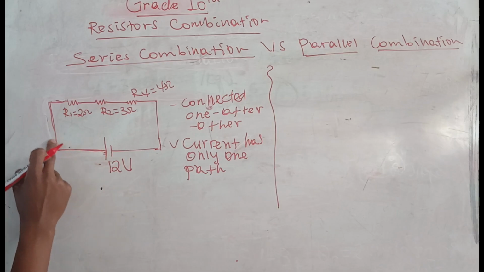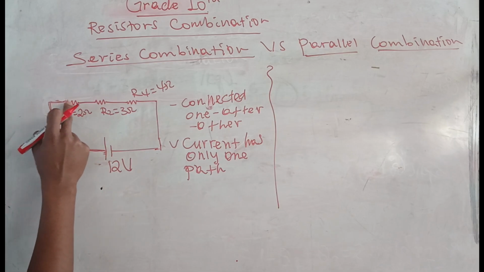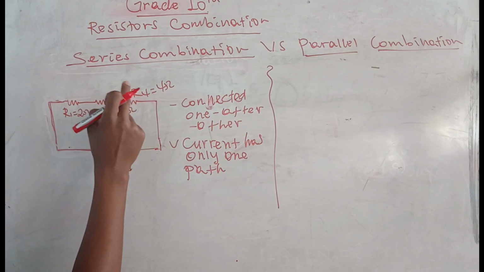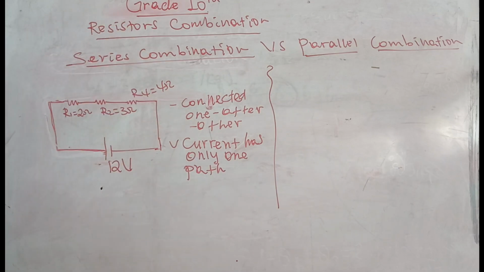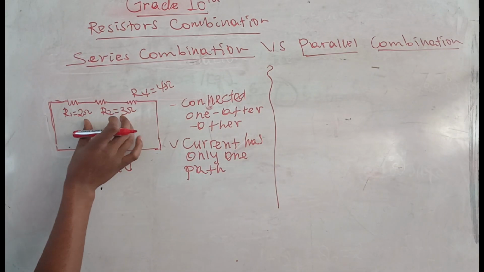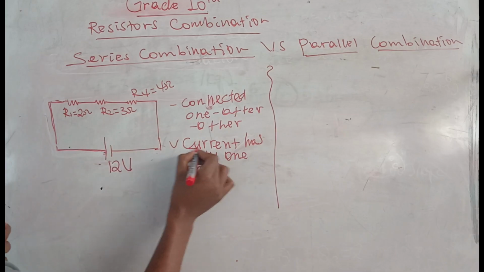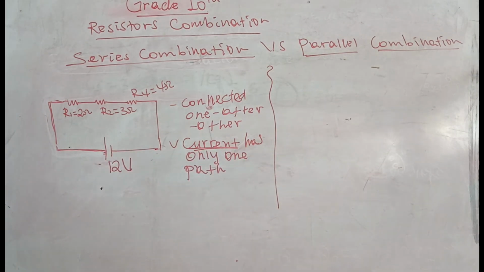The charge that comes through this circuit will pass through this point, and through this point. So the current must flow through all three resistors placed in this circuit.